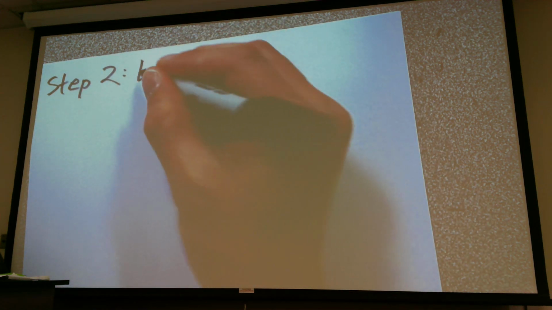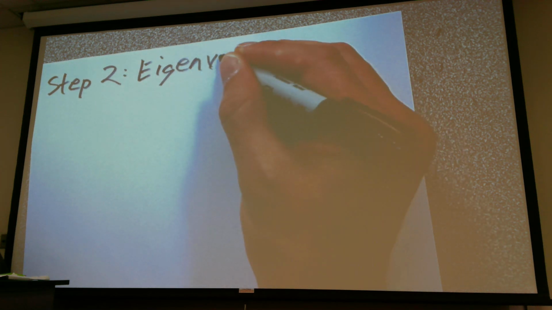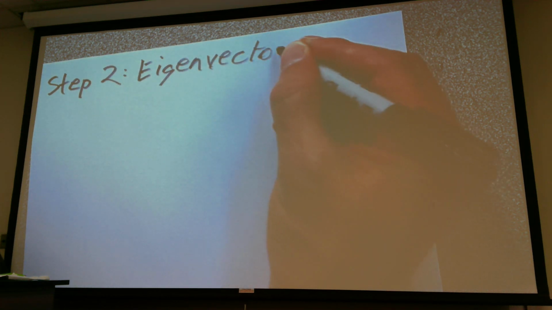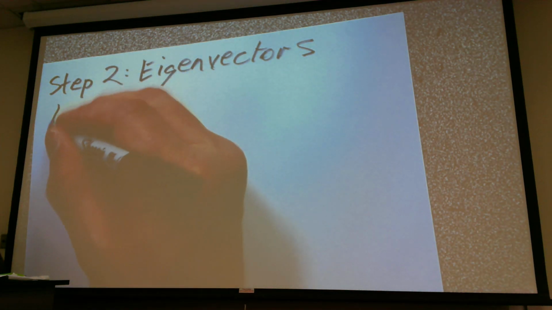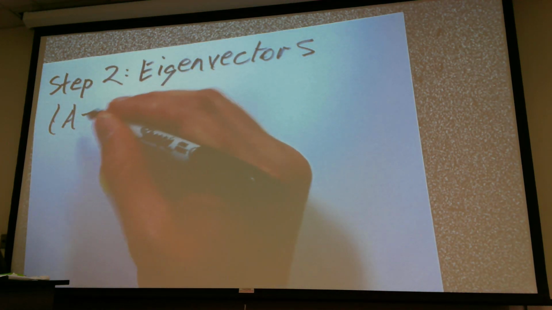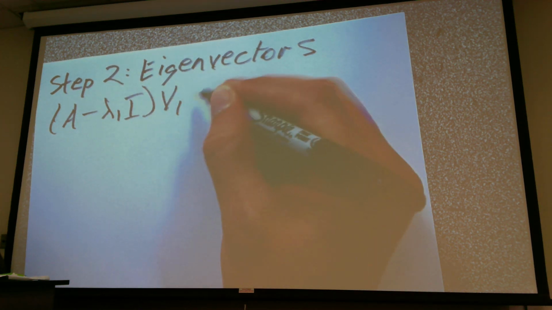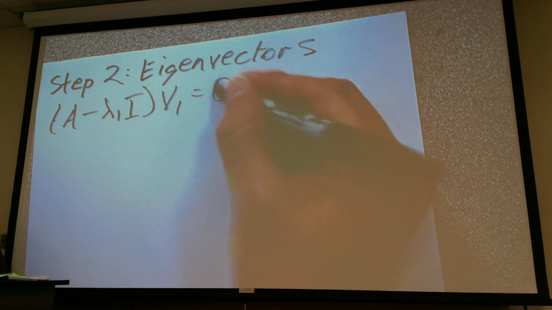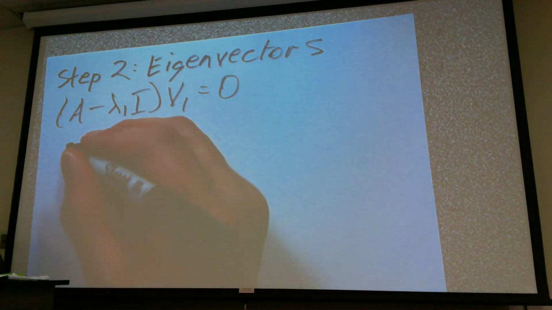Now step 2 is going to be the eigenvectors. Okay, so we're going to solve A minus lambda 1 I, V1, and we're going to set it equal to 0. Okay. So we picked lambda 1 to be 4.